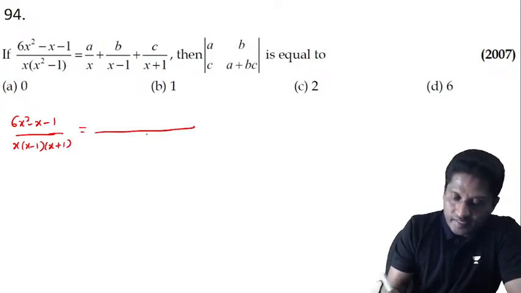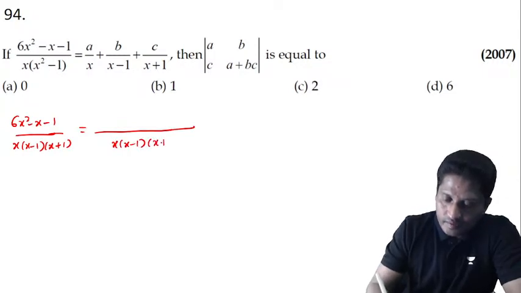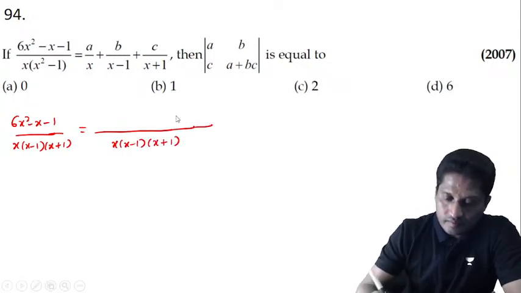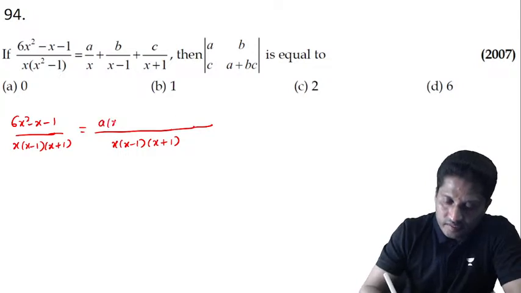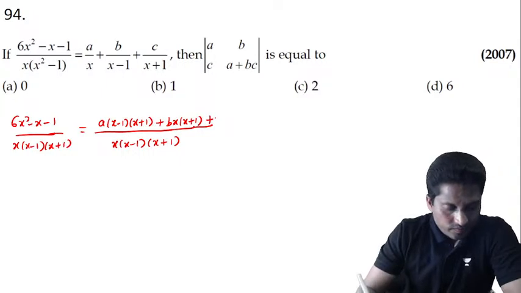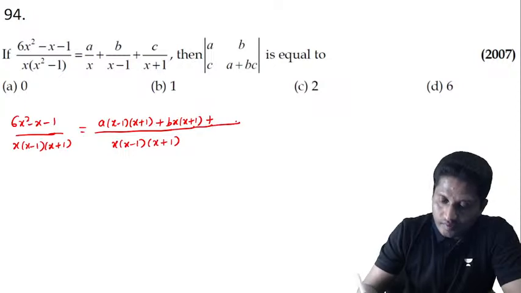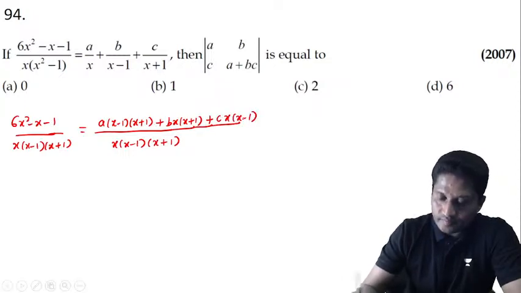Okay, here also if I take LCM, x into x minus 1 into x plus 1, you will get this as a into x square minus 1, plus b into x plus 1, okay, and then c into x plus 1, x minus 1.